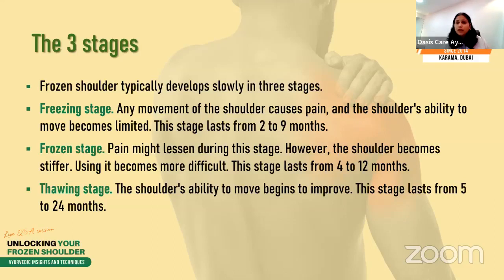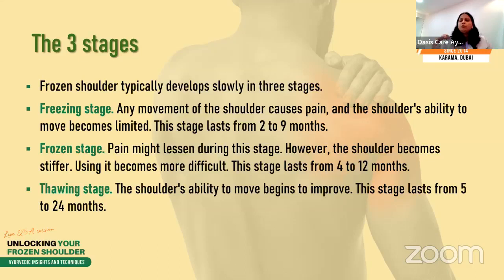But in the frozen stage, which is the second stage, the pain is less, but the shoulder joint capsulitis becomes more difficult, and it is difficult to take the hand upside.